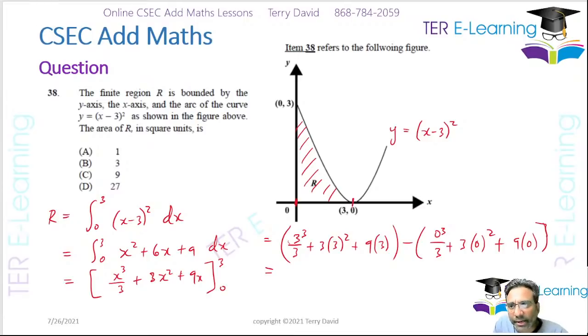Oh, sorry, I now see the mistake here. When I expanded it, this should have been a minus sign. There's a minus sign here. That's what the problem is. So let me work that out again. So that's 27 divided by 3.